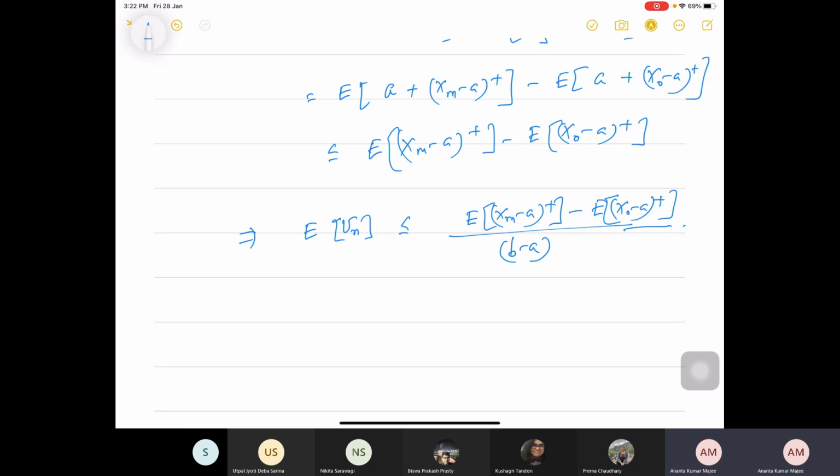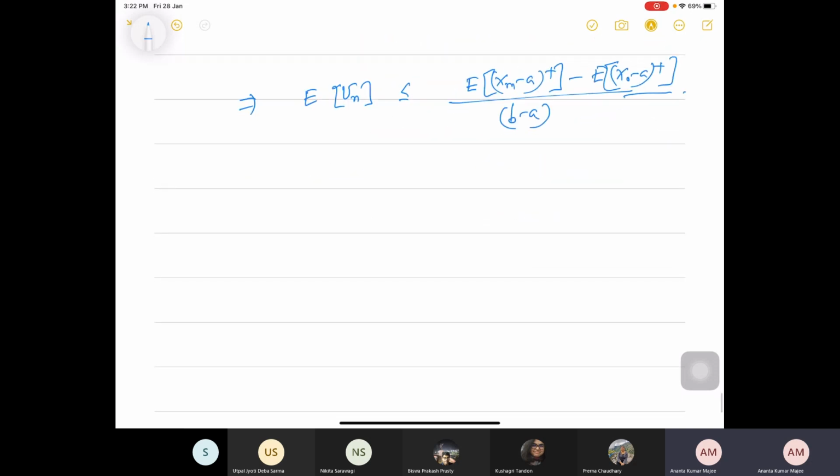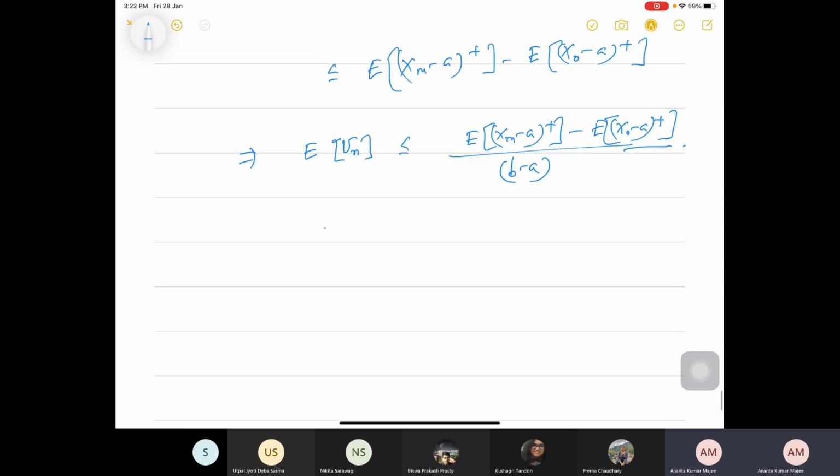That is the next result I am going to talk about, called the martingale convergence theorem; maybe next day I will talk about it. The idea is that I need some assumption. In particular, suppose X_m is a submartingale such that the supremum over m of the expectation of X_m^+ is finite.